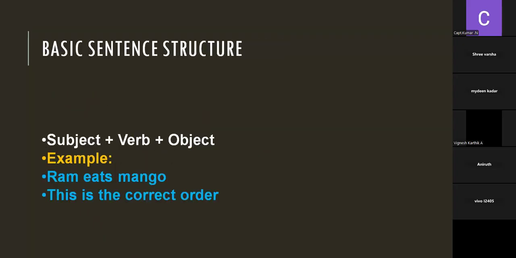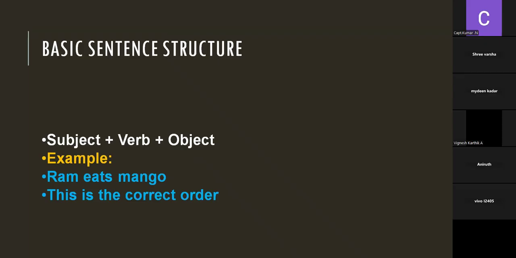That is basic sentence structure. We have three main parts. The first is subject, second verb, third object. That is what I gave you here: subject plus verb plus object. Example, Ram eats mango.